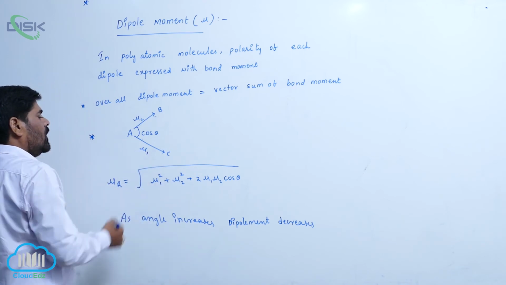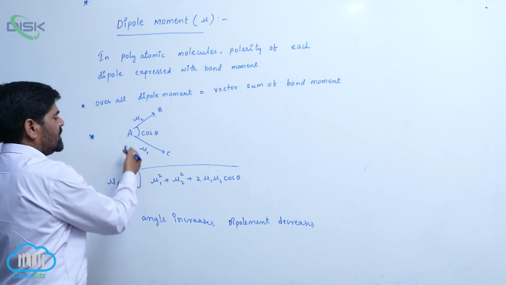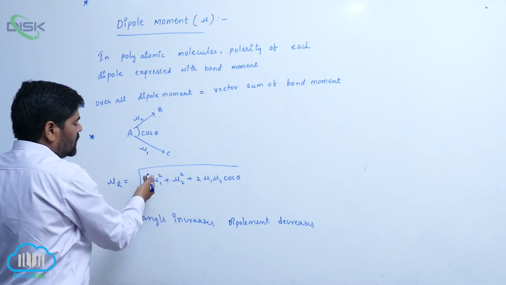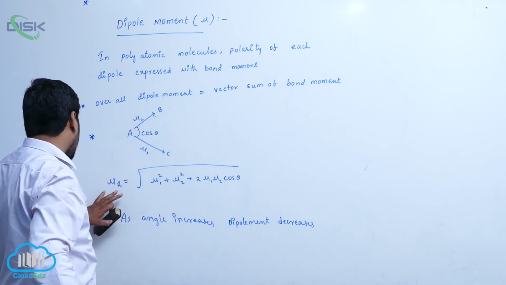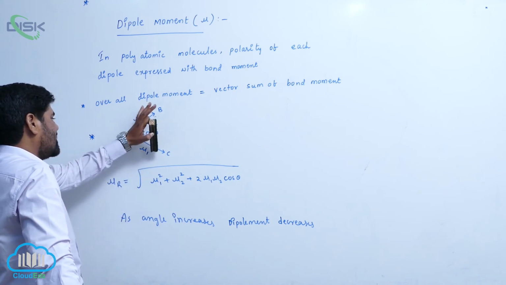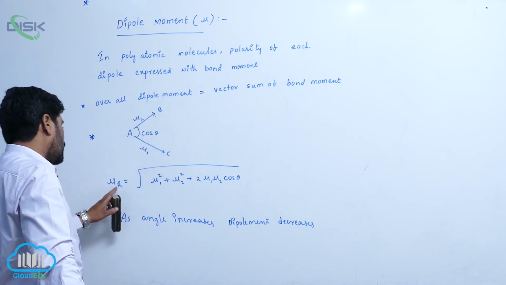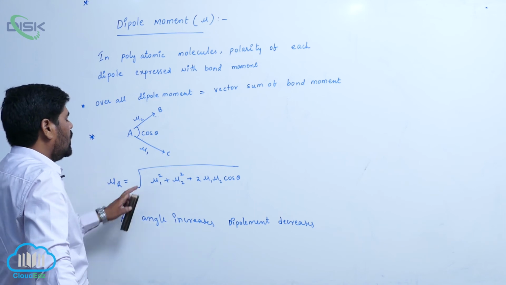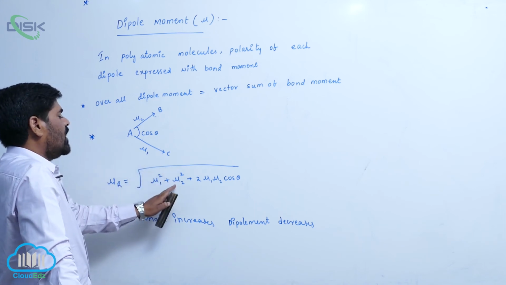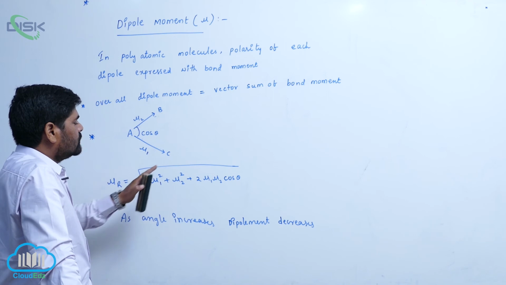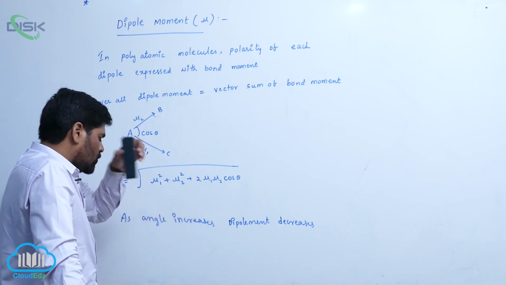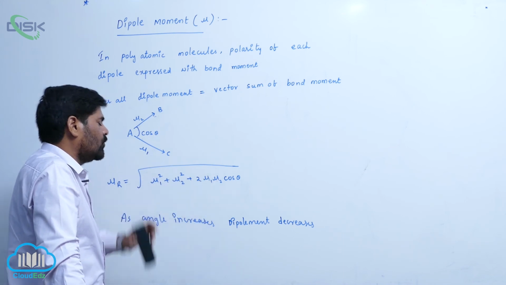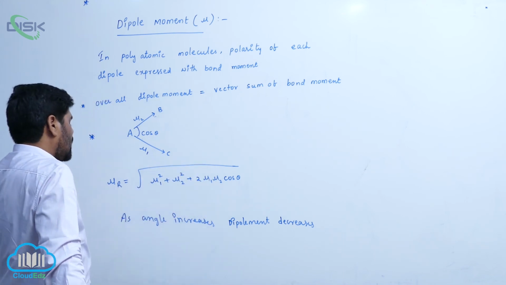So the resultant dipole moment is the square root of these terms. Resultant dipole moment. So therefore mu r equals the square root of mu1 square plus mu2 square plus 2 into mu1 into mu2 into cos theta.